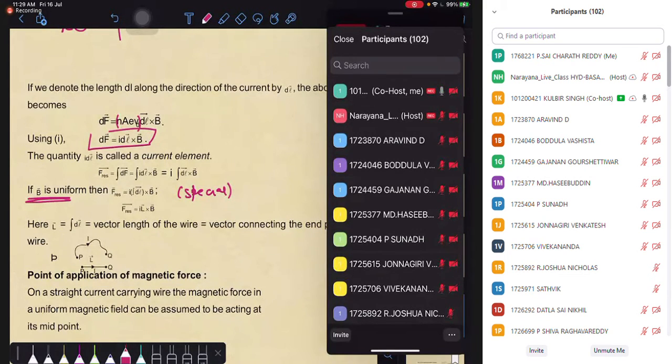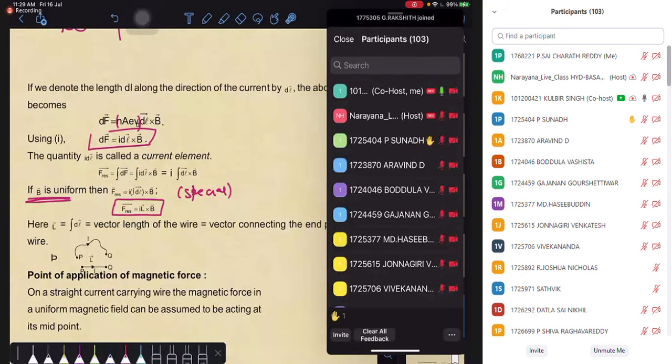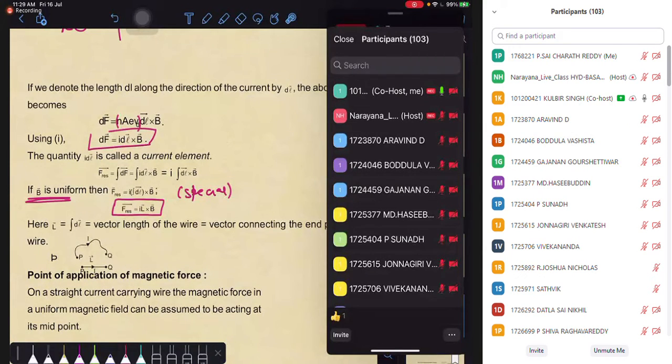So in this force, L becomes the length vector. Which length do you have to consider? Not the wire length. L here is not the wire length. It is the length from the starting point to the end point, so it is the length from P to Q.